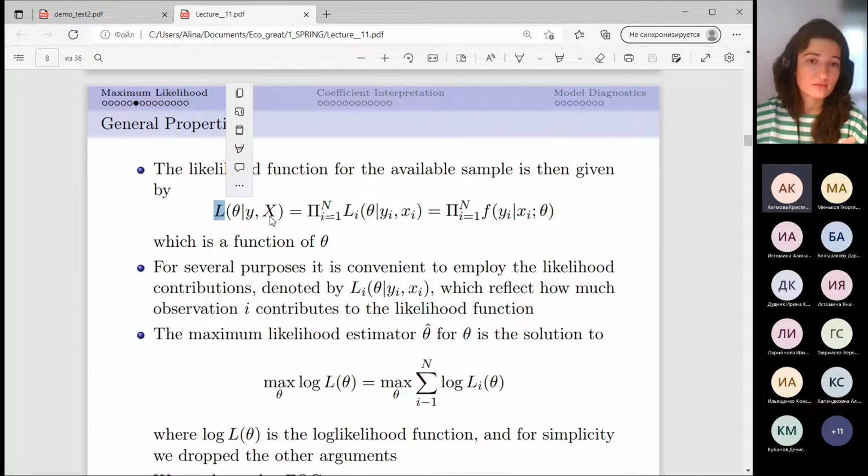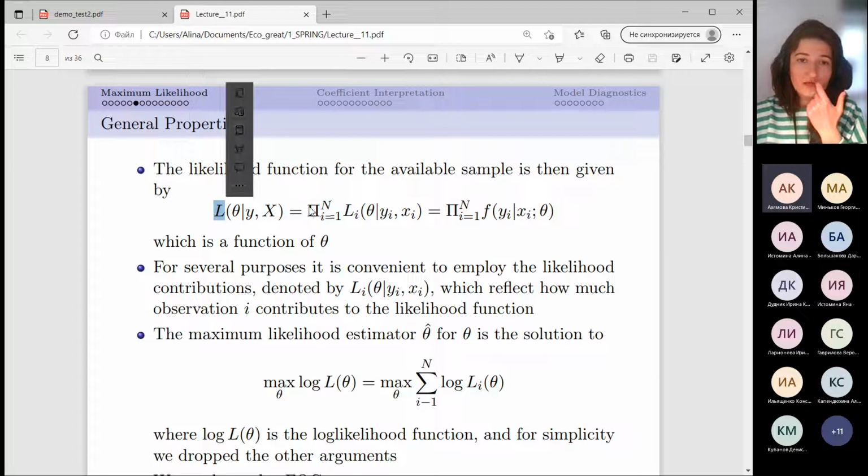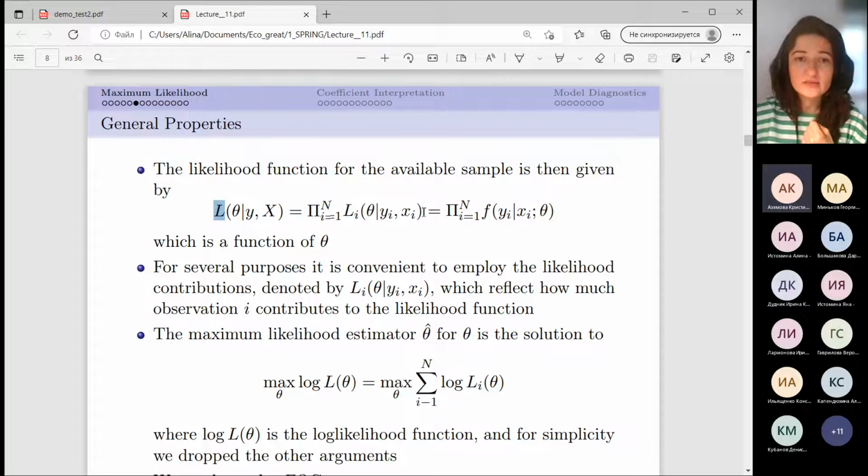You know these factors, you can observe them from your data set. And again, you need to find the joint probability distribution. Because of this, you have here this sign, and it's better to remember every time that this is the joint probability distribution. This is easier. This is the function of an unknown parameter theta.